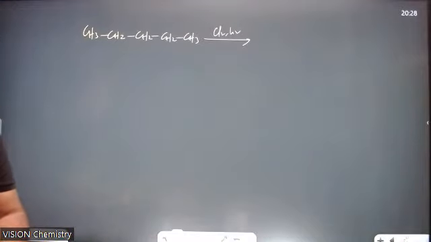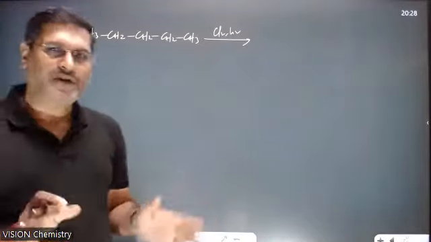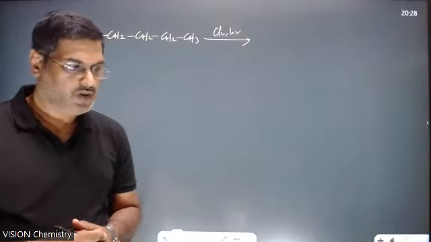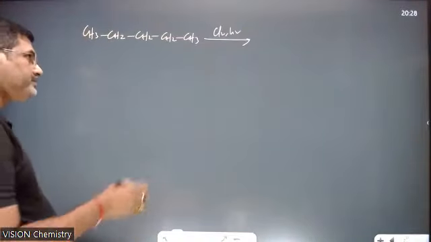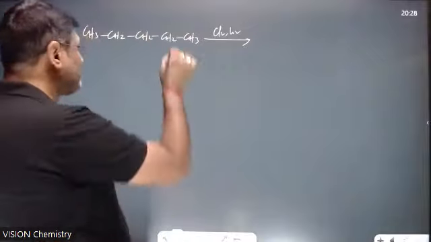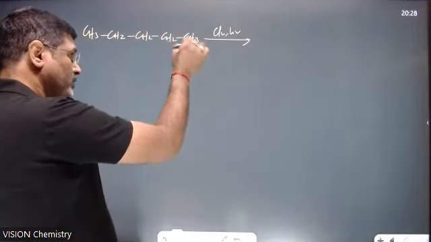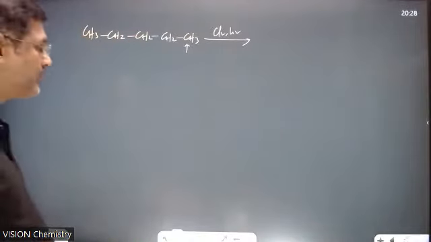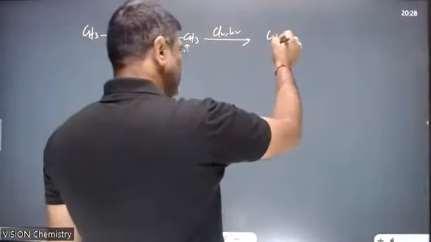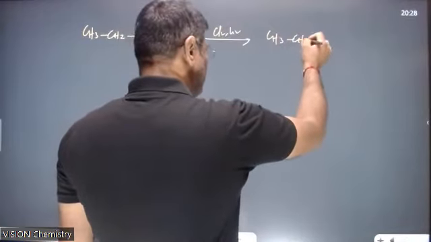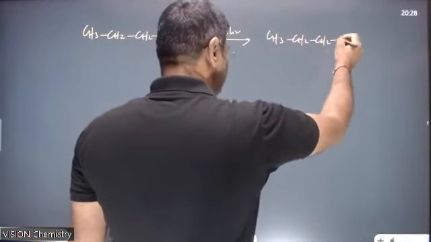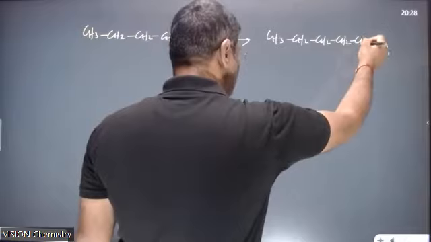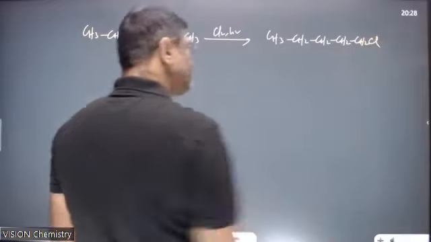No, it's not limited to primary and secondary. Here, when we write this one, what's the product? 1, 2, 3, 4, 5. 1-chloropentane, CH3CH2CH2CH2CH2Cl.